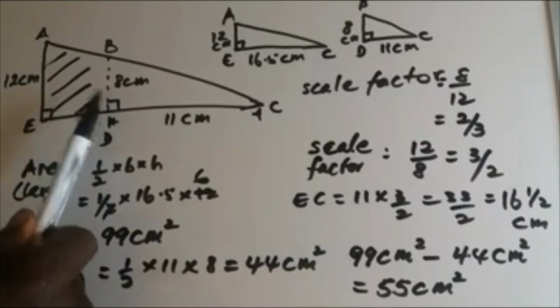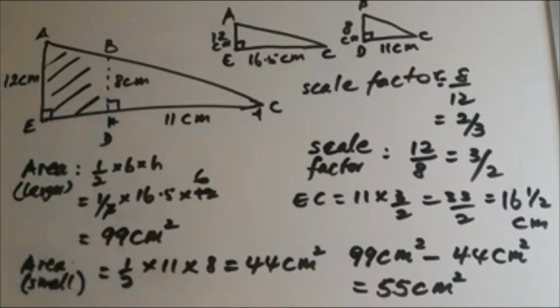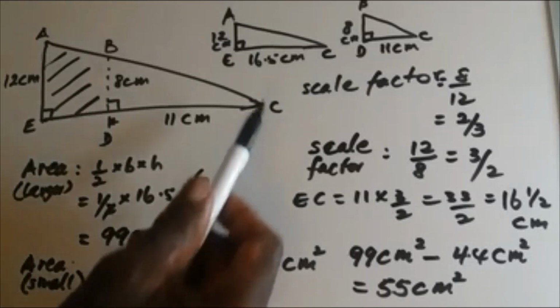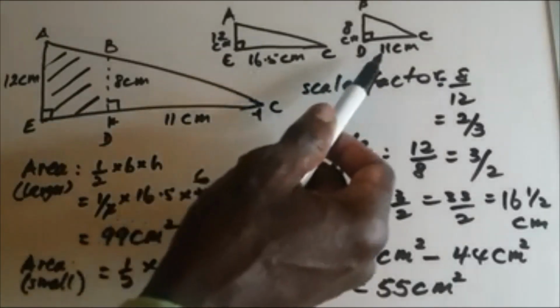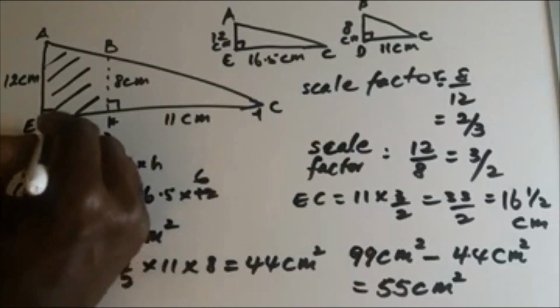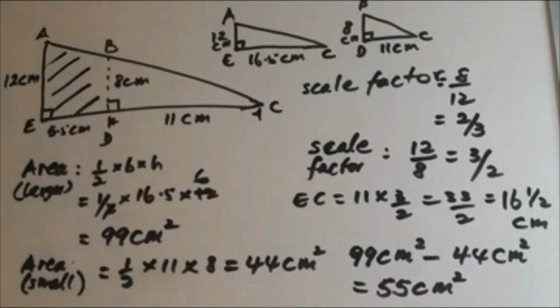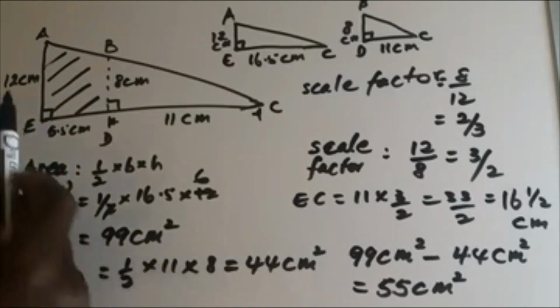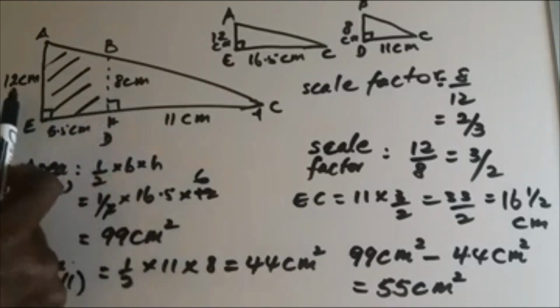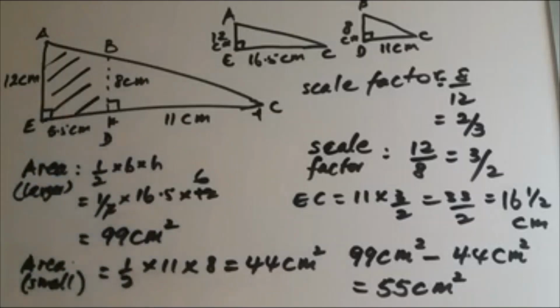The parallel sides are 8 and 12, which is 20 centimeters. So the area is half the sum of the parallel sides, so half of 20 is 10, times the height. The height here is 5.5, so 10 times 5.5 will give you 55 centimeters squared, which confirms that this is correct.